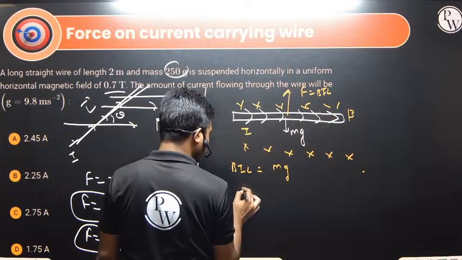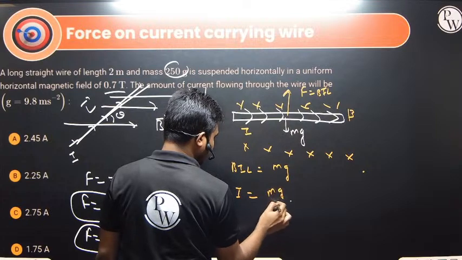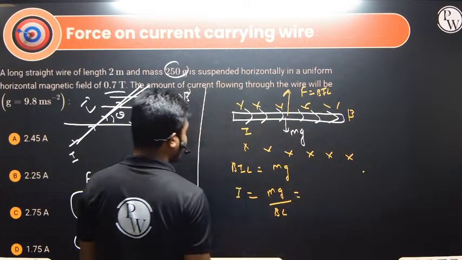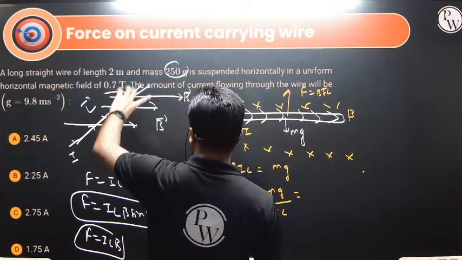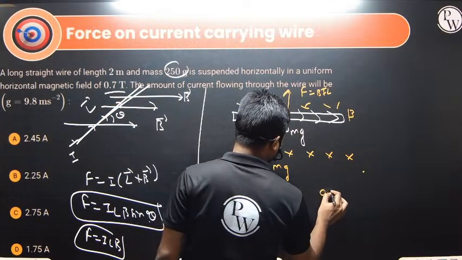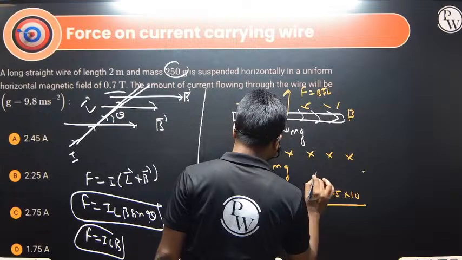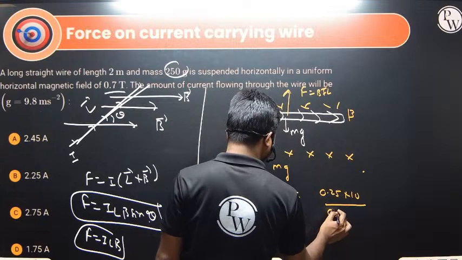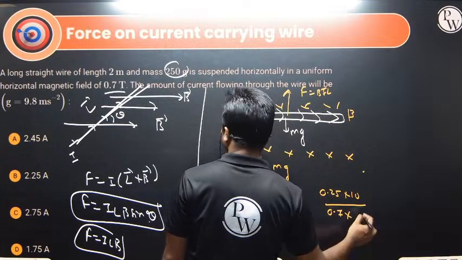So what is the I value? I is mg divided by B into L. The mass is 250 grams, so 0.25, into g value 10, divided by B value 0.7 Tesla multiplied by L. What is L here? Length is 2.